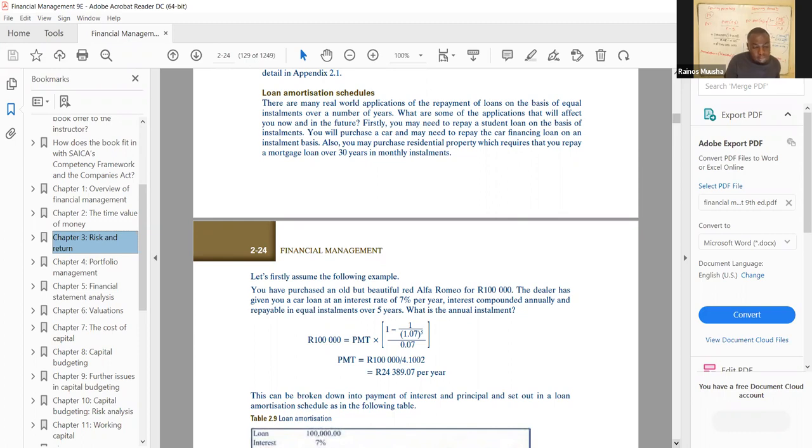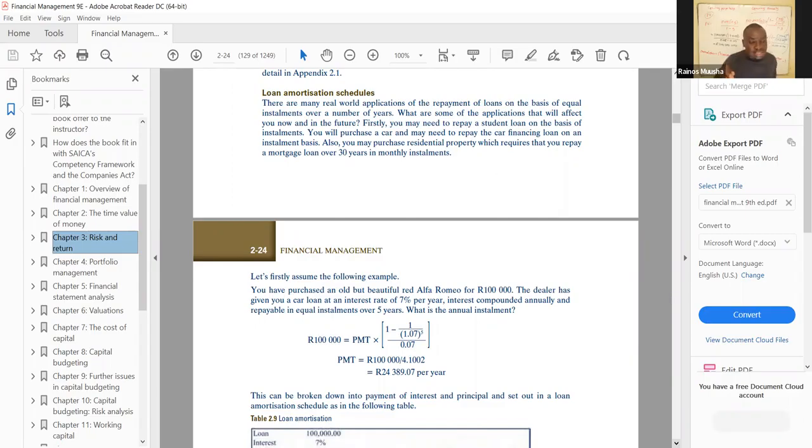When it comes to loan amortization, this is where you're borrowing money. The bank will say, fine, you want to buy a car which is worth 300,000, for example. Yes, we'll give you a loan of 300,000, but you have to make sure that every month you pay us an installment of, let's say, 7,000.